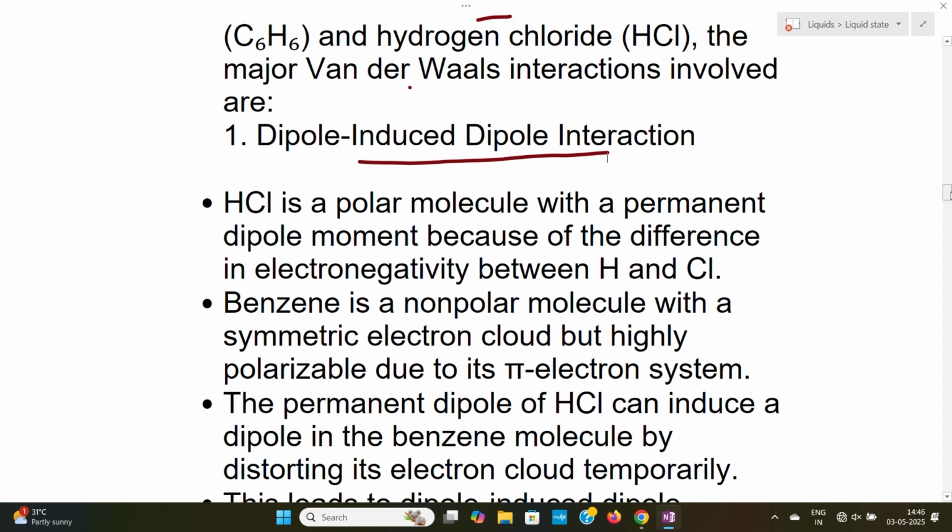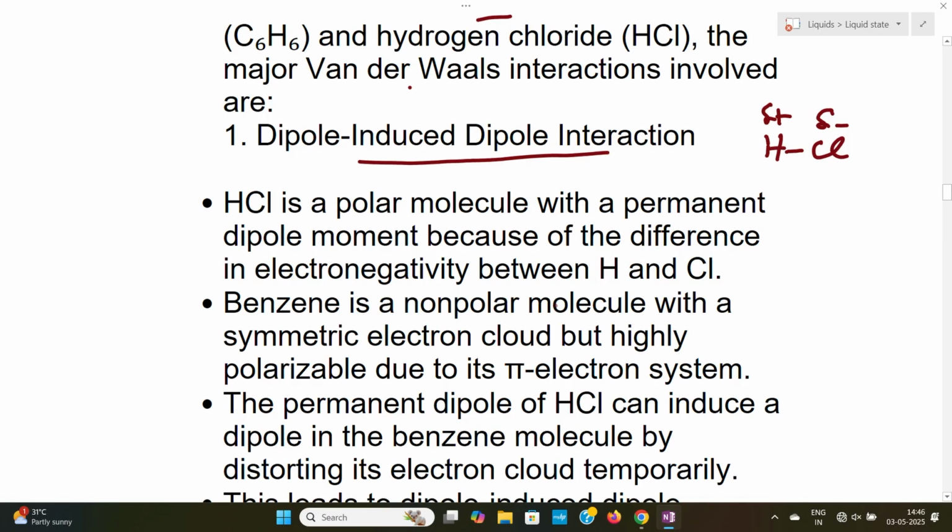We know that HCl is a polar molecule because charge separation is there, as chlorine is highly electronegative compared to hydrogen. Because of this permanent dipole moment, HCl is polar.